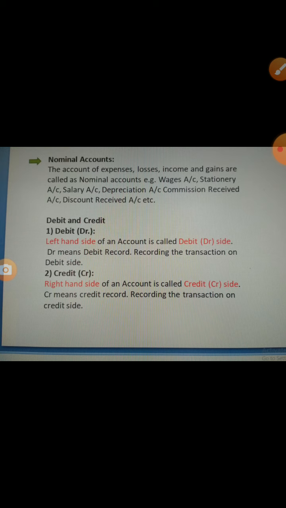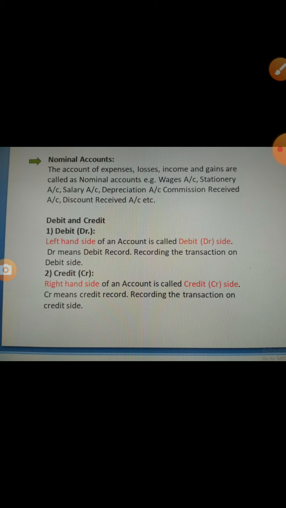Any types of expenses made by the businessman, like payment of salary, payment of telephone bill, payment of electricity, all these things will be included in expenses.